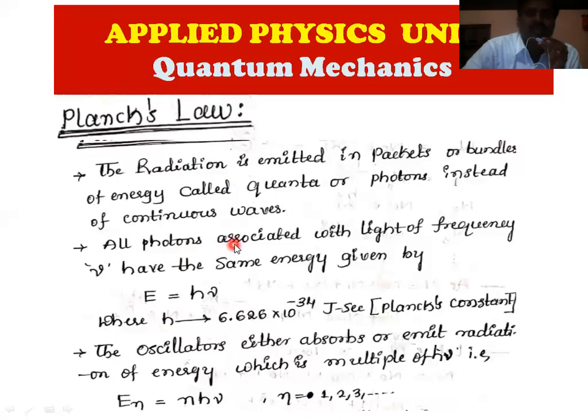All photons associated with light of frequency nu have an energy given by E equal to h nu, where h is Planck's constant and its value is 6.62 into 10 power minus 32 joule second.